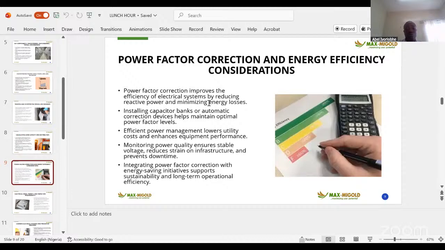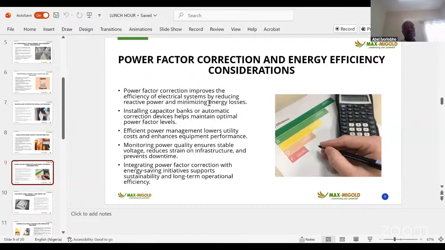So what you need to do is create a correction that will at least compensate for the negative effect that the equipment or your installation is currently having. Installing a capacitor bank or automatic correction device helps maintain optimal power factor. These are methods used to make sure you have clean, efficient power distribution in your facility.